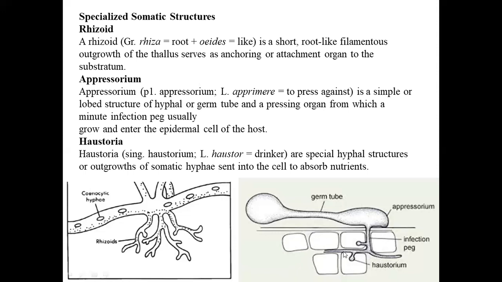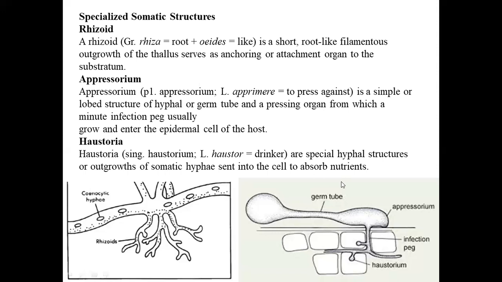So this is about some of the structures of the fungus. Basically, the rhizoids are the root-like structures for attachment on the substratum or on the host. Then the appressorium is responsible for the infection or entry inside the host tissues.